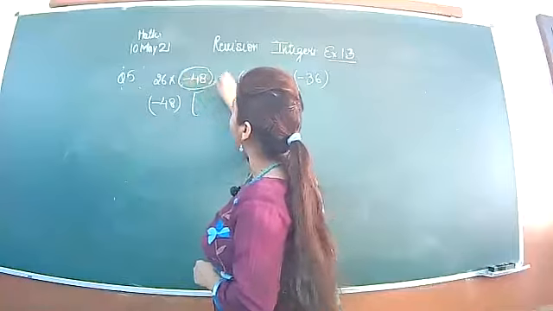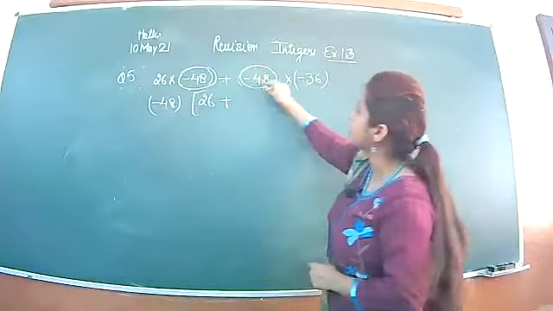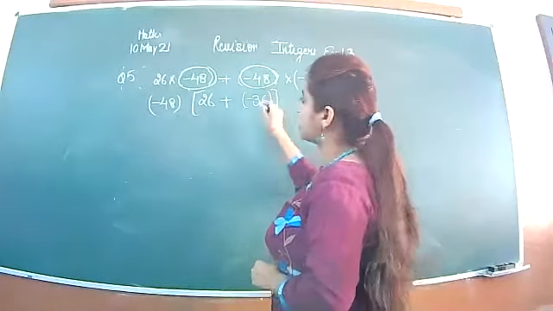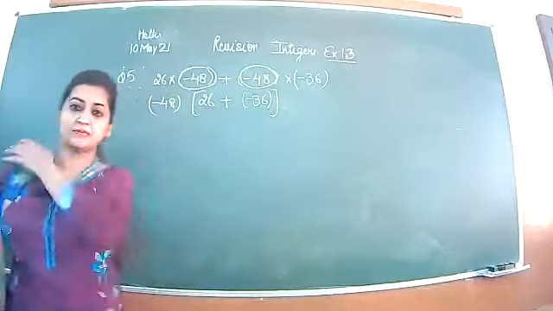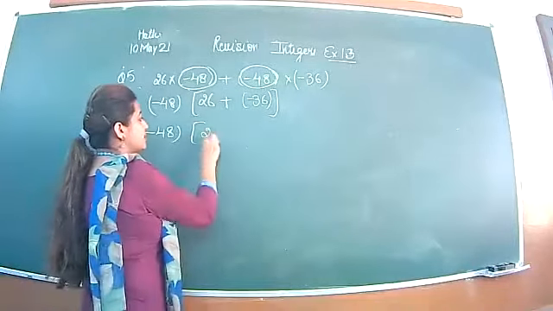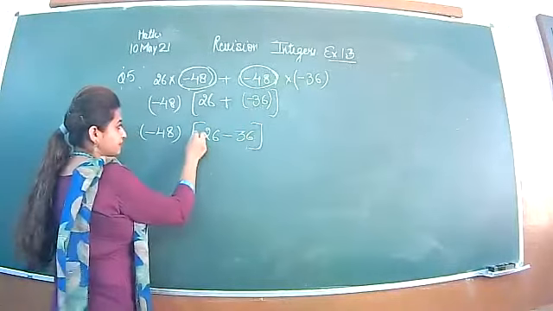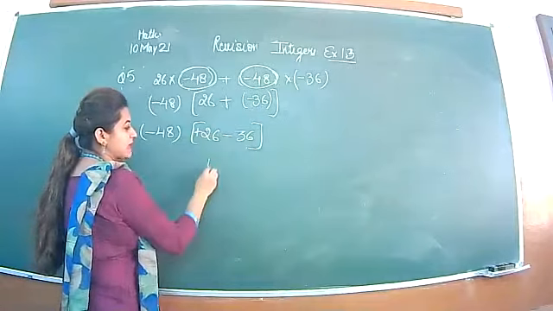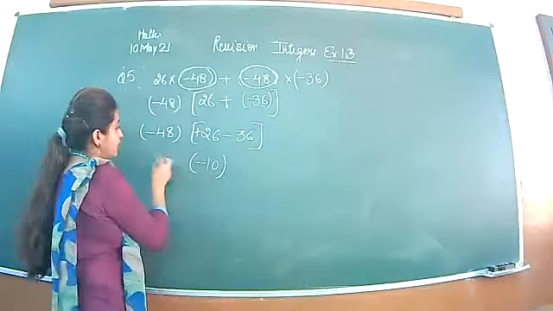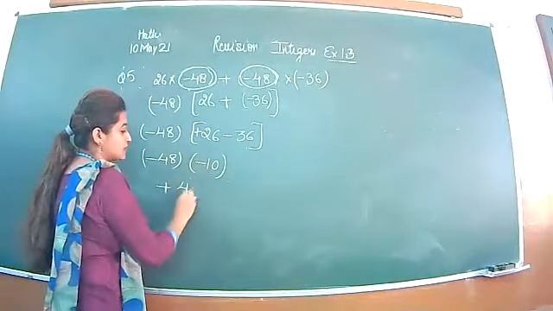After taking this common, you are left with 26, plus sign will be there, this you have taken out. You are left with minus 36 as it is inside the bracket. Now solve this. Minus 48 into 26 plus minus minus 36. Plus minus minus, minus kar diya, sign will be negative, of the greater one. Minus 48, minus minus is plus, this is 480.